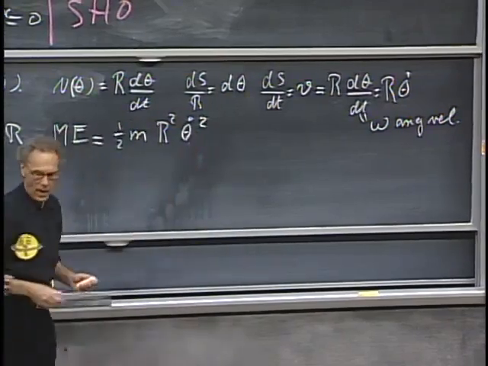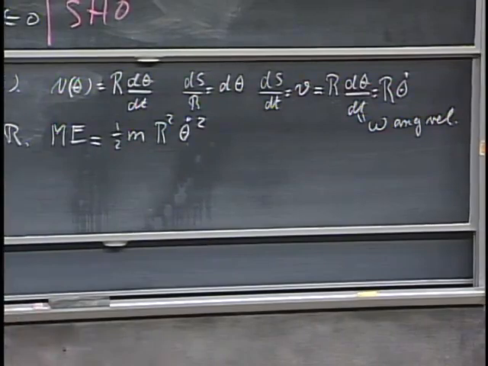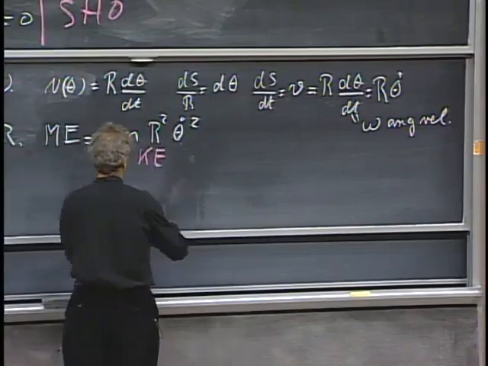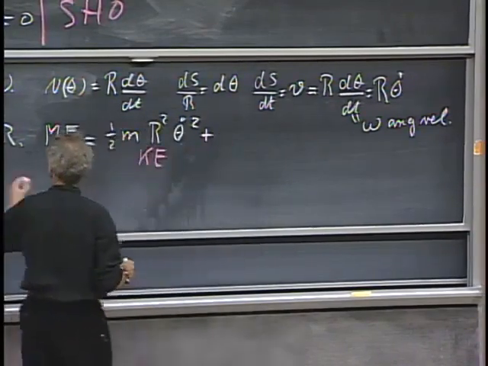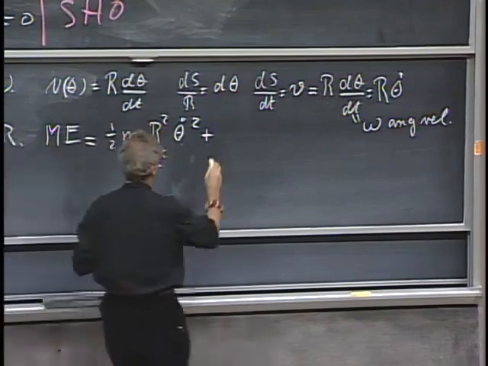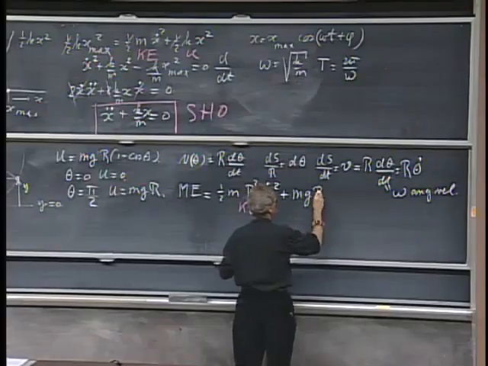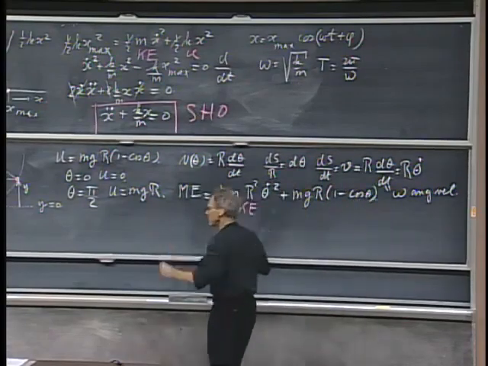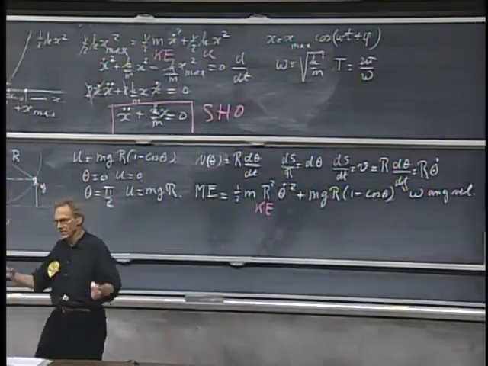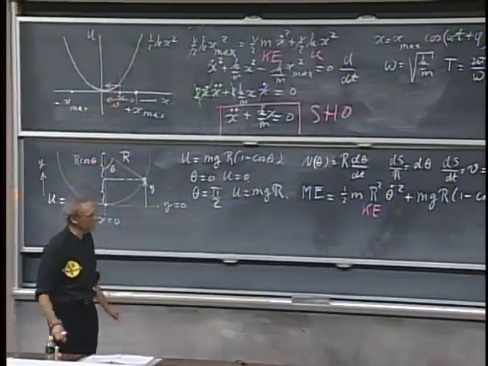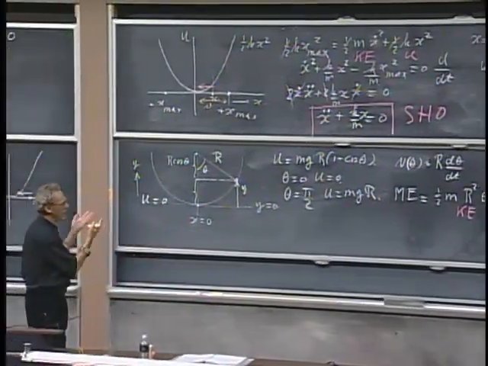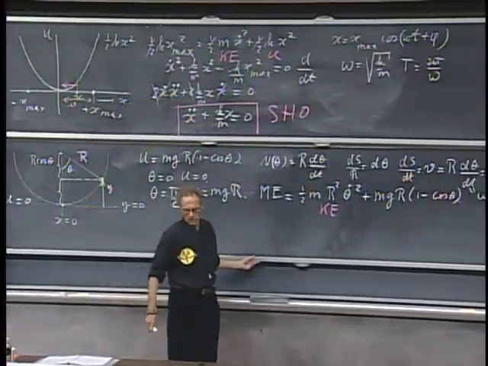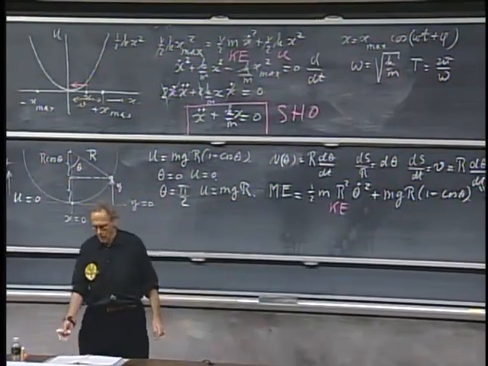This is simply 1/2 mv squared, nothing else. So this is the kinetic energy, plus the potential energy, which is mg times r times 1 minus cosine theta. And this is always the same, independent of the angle theta, because gravity is a conservative force. So this is the conservation of mechanical energy.